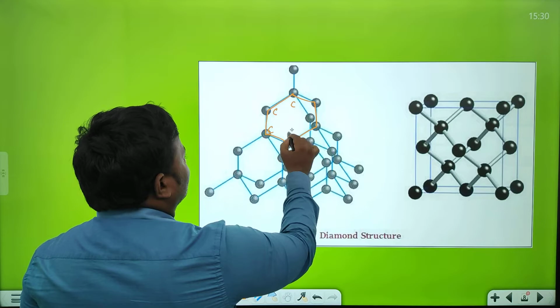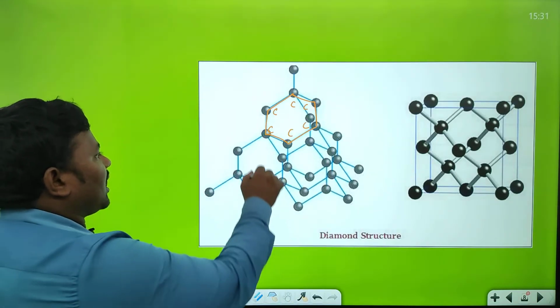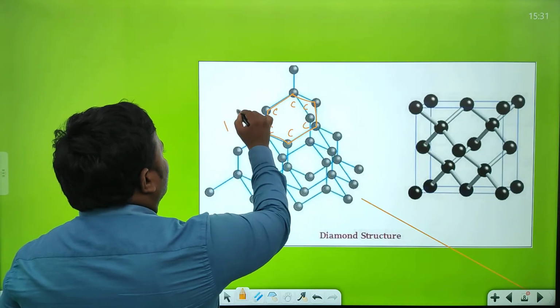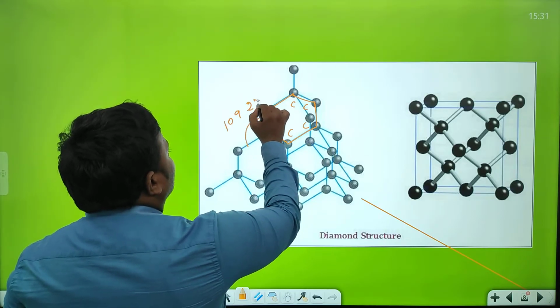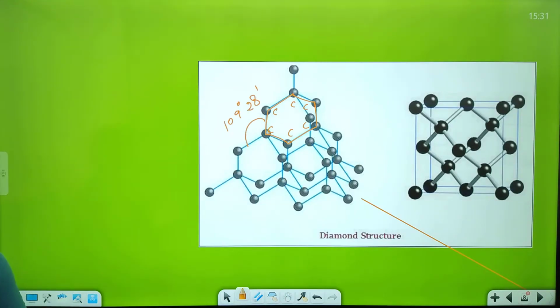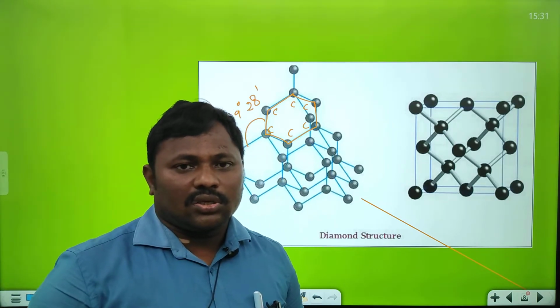Like that, carbons are arranged here. Is it right? The bond angle between carbon to carbon is 109 degrees 28 minutes, and it is one of the hardest insulators in the universe.